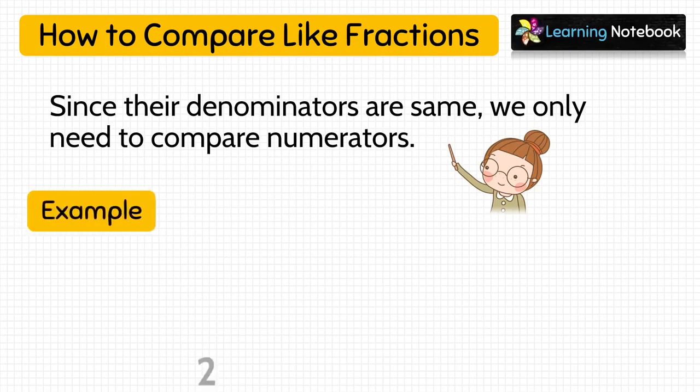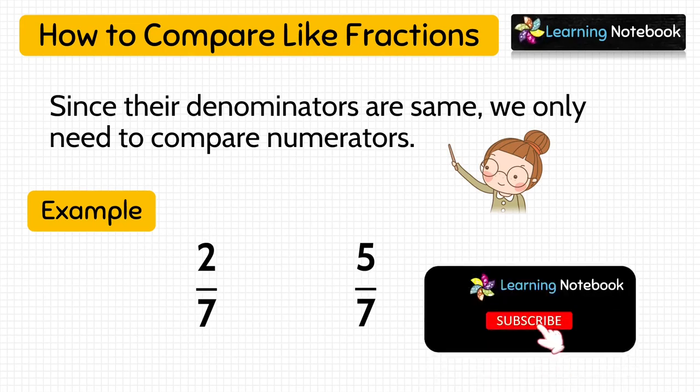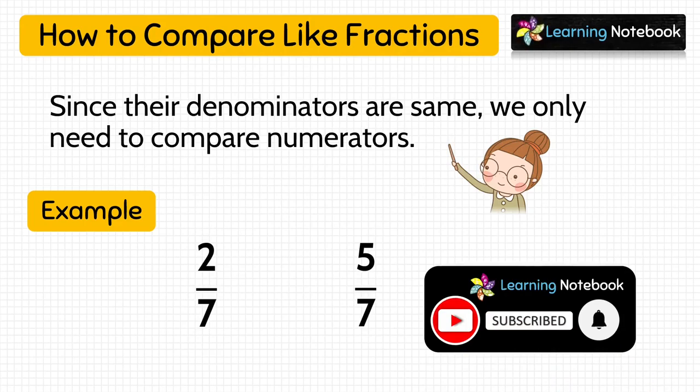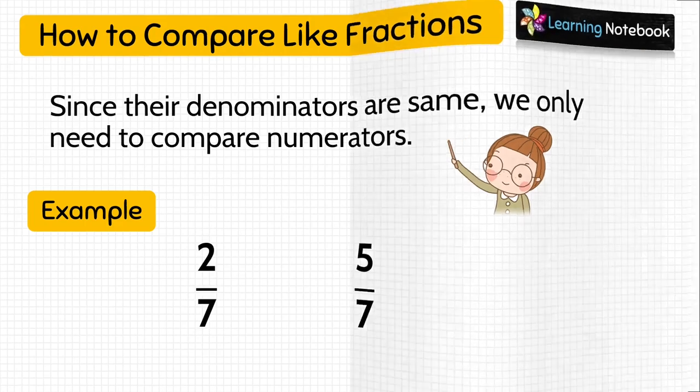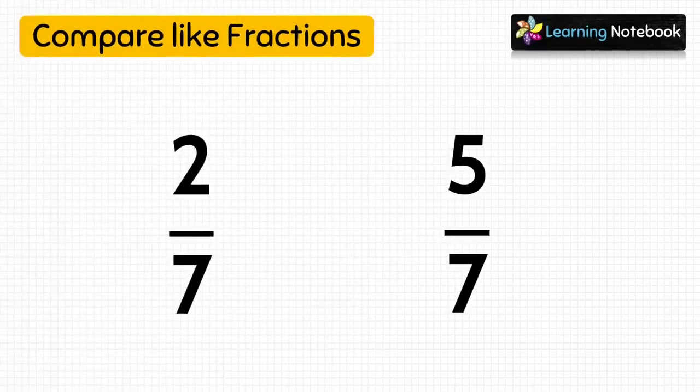For example, there are two like fractions, 2 by 7 and 5 by 7. We have to compare them. Since they have the same denominators, we will just compare their numerators. 2 is less than 5. So, fraction 2 by 7 is less than fraction 5 by 7.